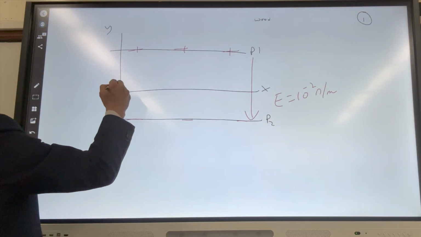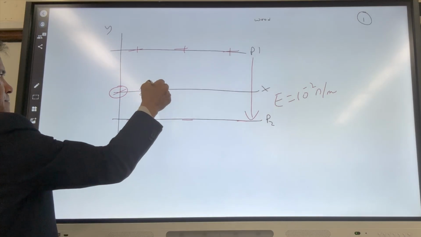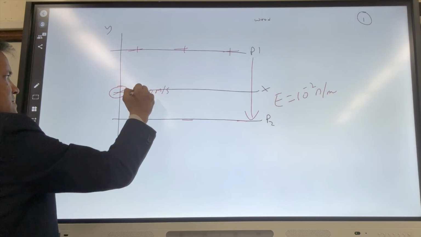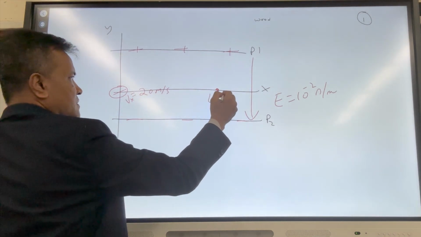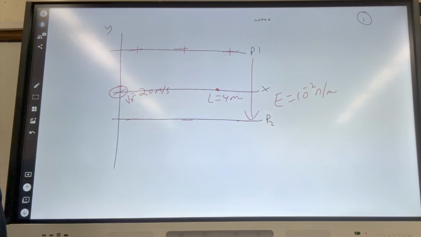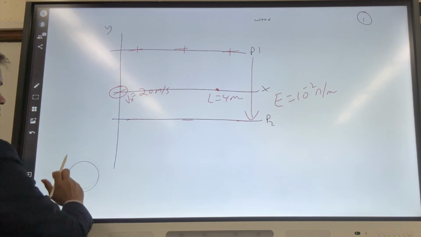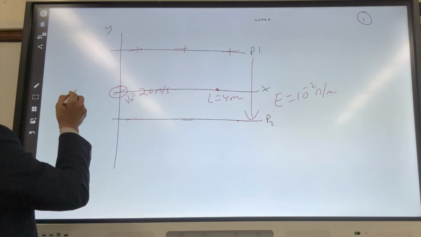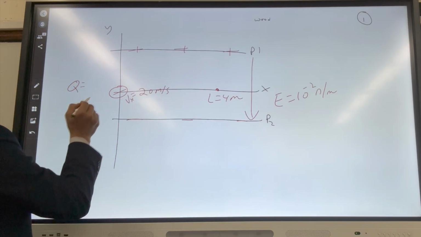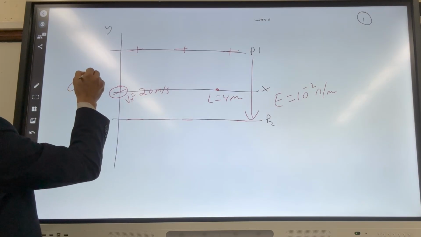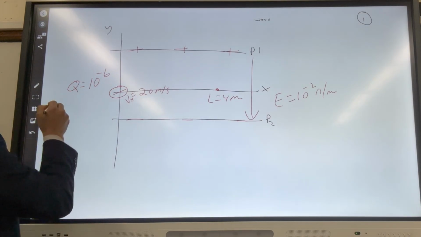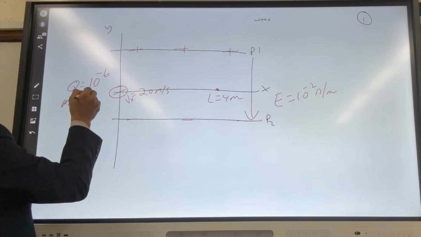Let's say there is an electron moving at 20 meters per second in the vx direction for 4 meters. So let's say q is, this is negative, so q is, let's say, 10 raised to negative 6. Let's say mass is 10 raised to negative 10.